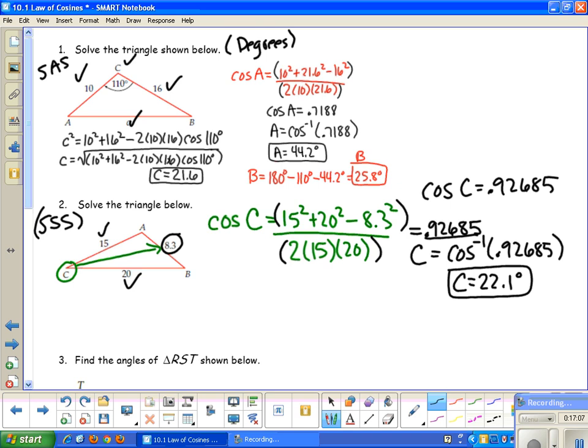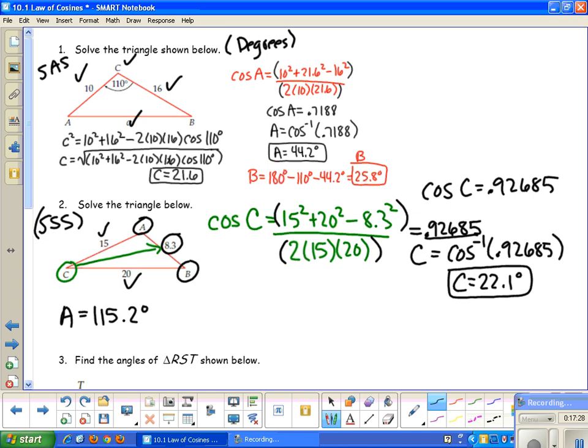So now you guys need to find angle A and angle B, and I'm going to write the answers down here, but you need to work them out to make sure that you can find it. So angle A would be equal to, I have 115.2 degrees, so make sure you can find that.